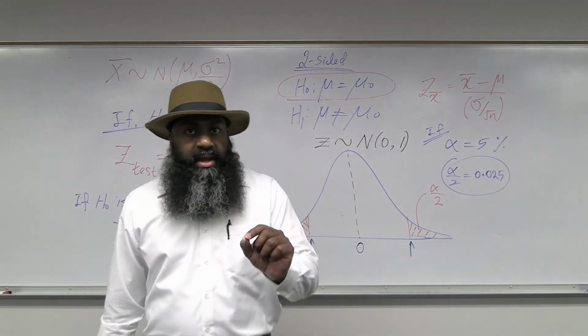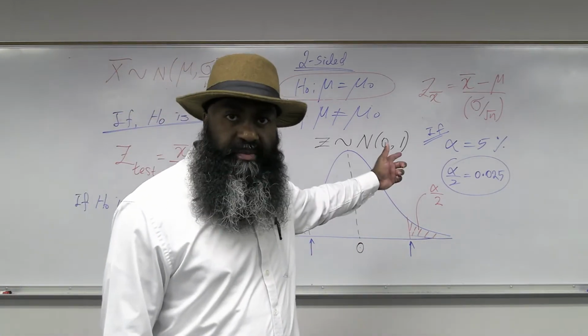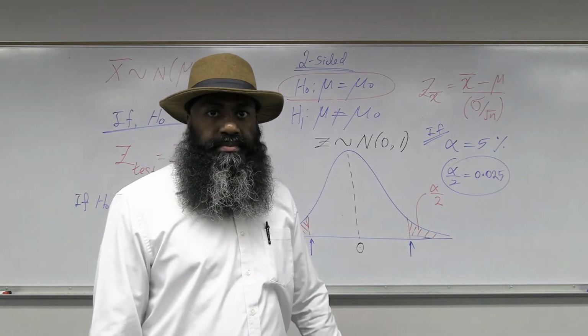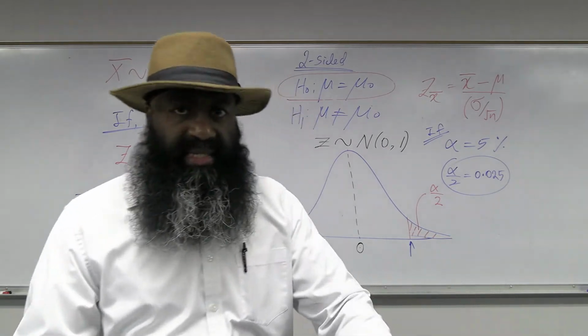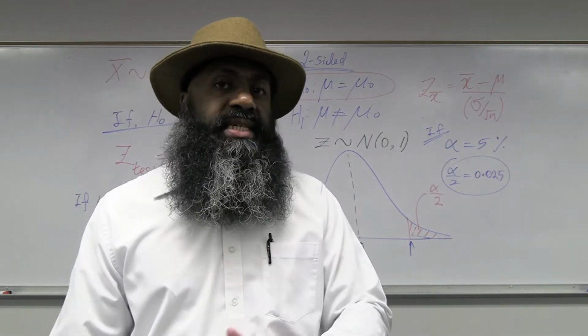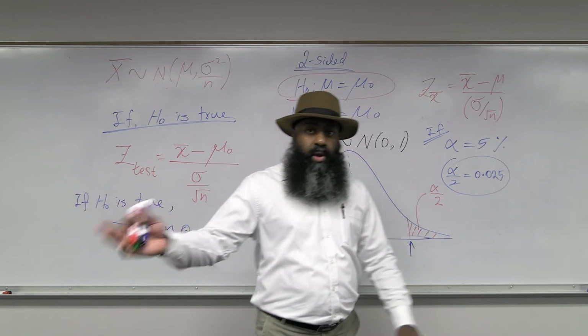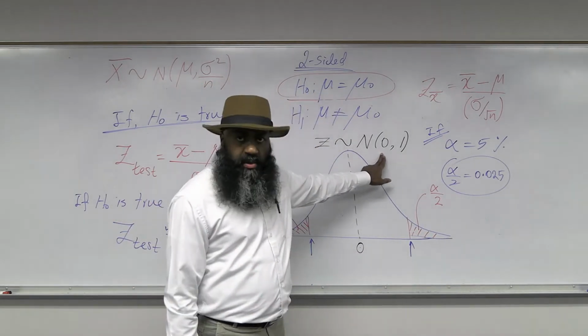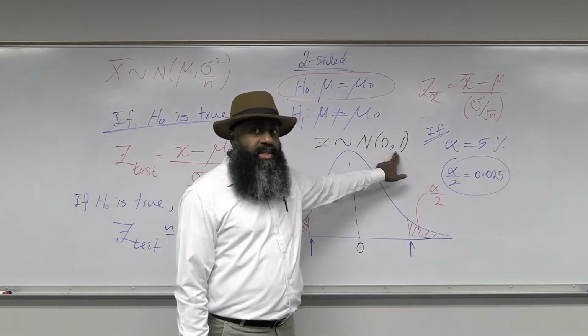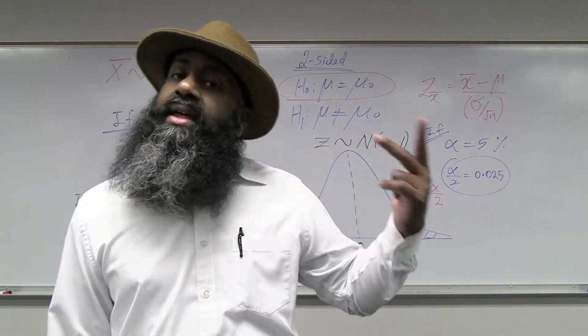So the area should be equal to 0.025 because our alpha is 5% for this example. Almost for all cases in this class, take alpha as 5% unless otherwise stated. Area is 0.025 and then you have to define mu and sigma. So mu is equal to 0, sigma is equal to 1 because we are working with the standard normal distribution. And then you can select paste and hit enter.